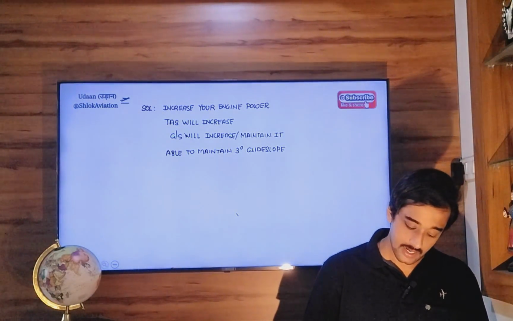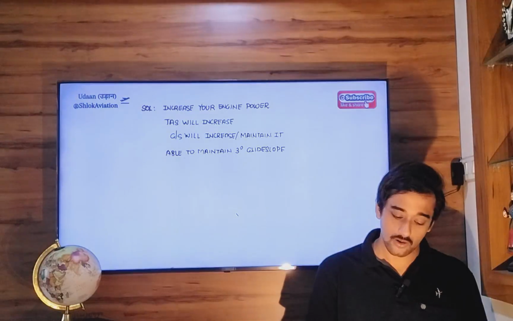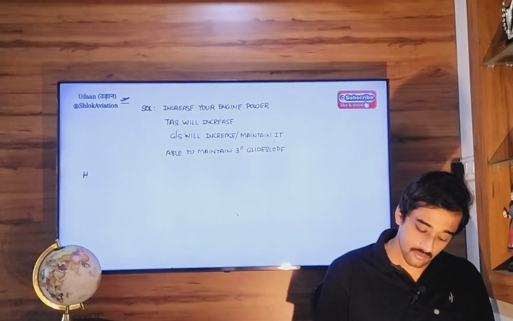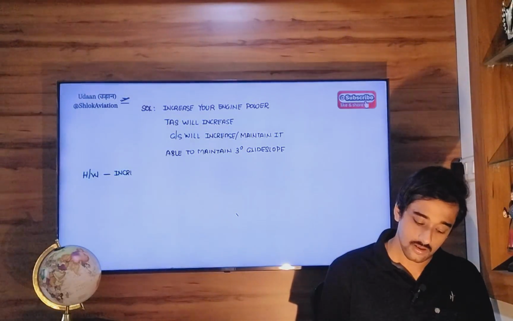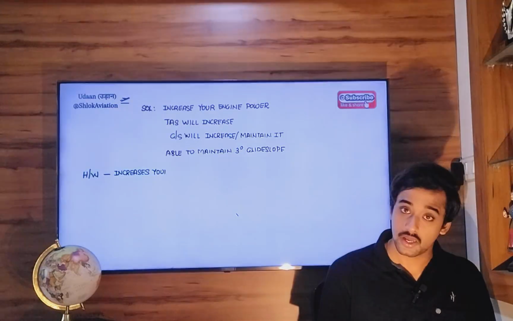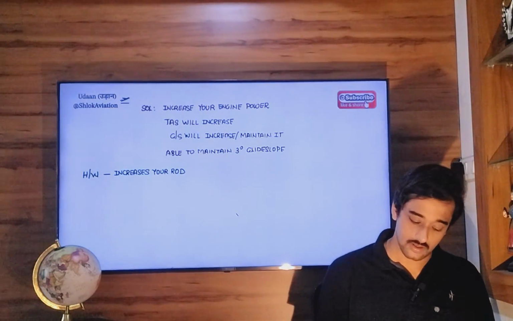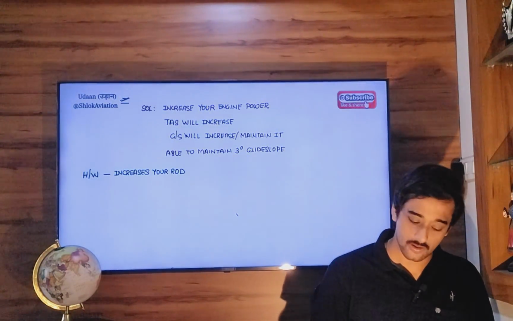So finally, the final conclusion: headwind component increases your rate of descent. Okay, it increases your rate of descent.